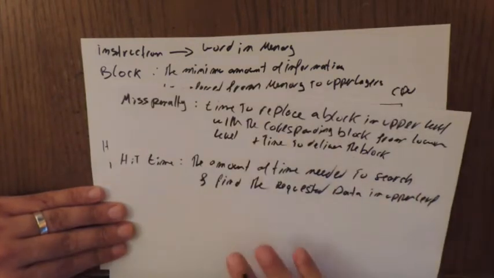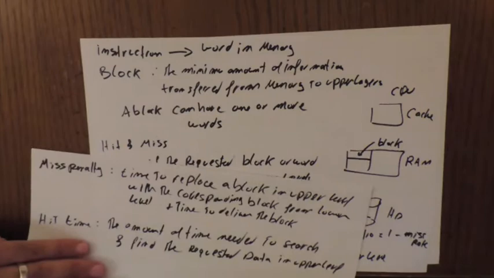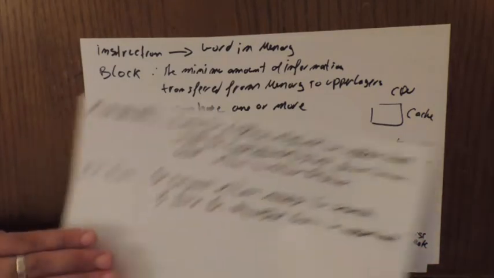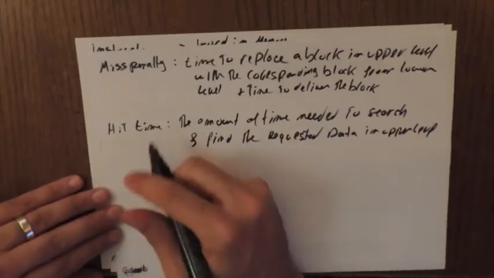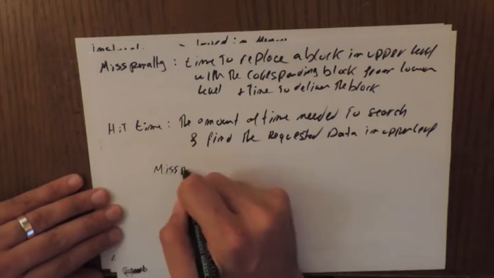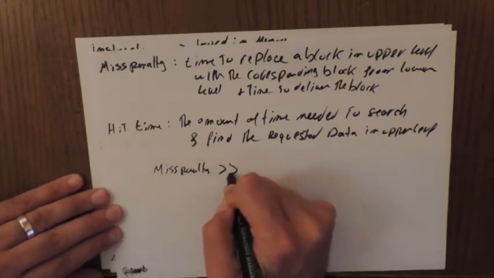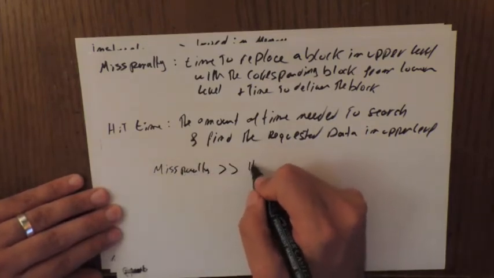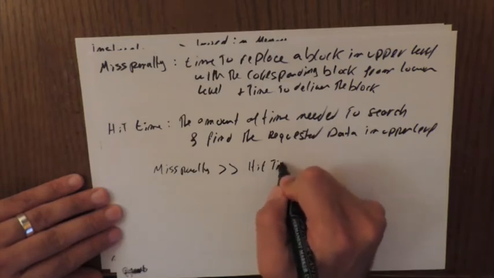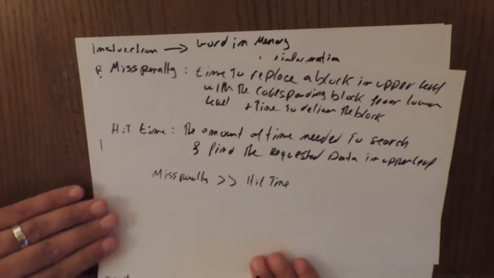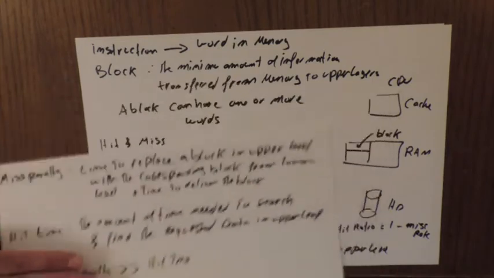Of course, since we're accessing a lower level and RAM is much slower than cache, miss penalty is much bigger than hit time. Okay, so miss penalty is much bigger than hit time.